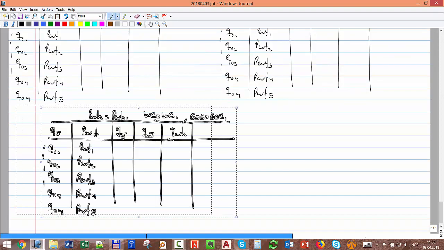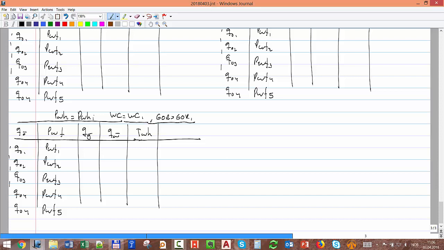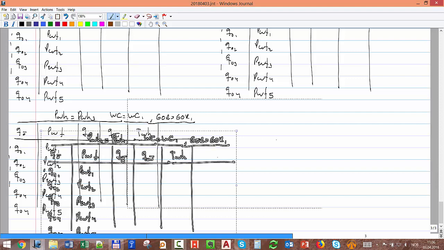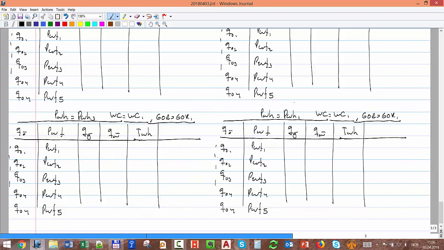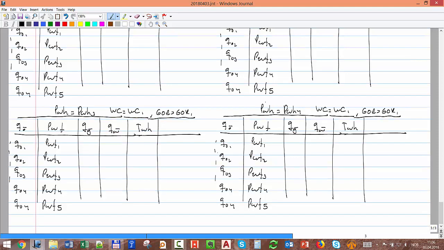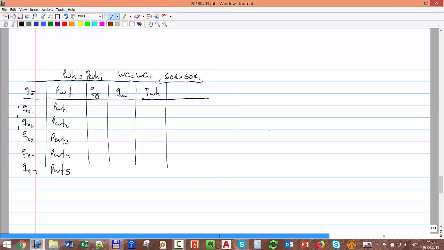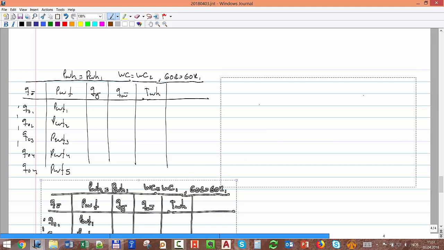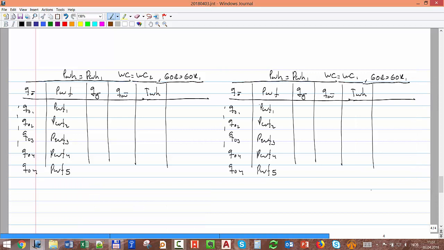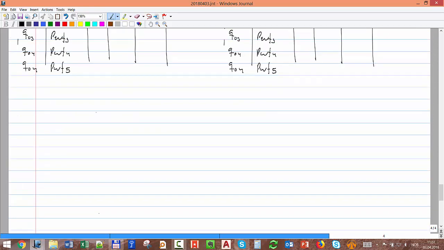Now just changing the wellhead pressure, keeping everything else the same. 3, 4. And now after that's done, I have to make the change on water cut. So I again come, again the same thing, and then I put water cut 2, water cut 3, water cut 4.